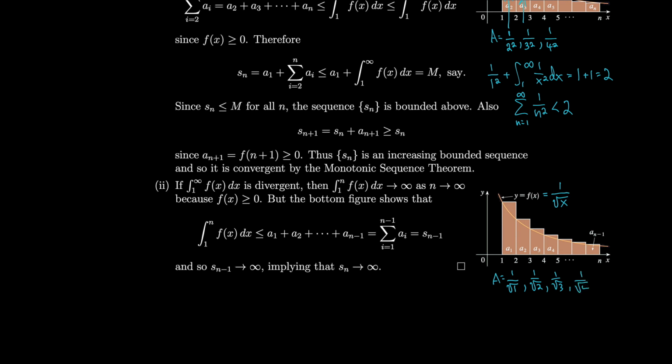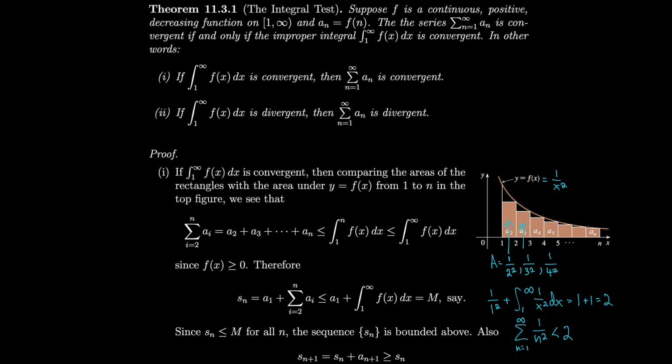So all of these rectangles over-approximate the area of the curve. We know that the integral from 1 to infinity of 1 over the square root of x dx diverges, as we saw in section 7.8. So that means that our sum from 1 to infinity of 1 over square root of n must diverge as well, because it's even bigger.